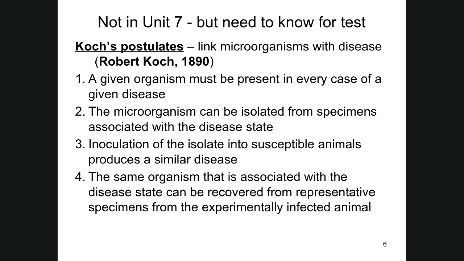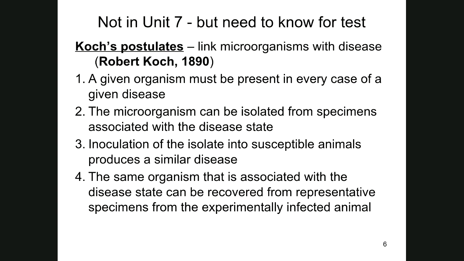And then you inoculate from that isolate into other susceptible animals, and they produce the same or similar disease signs. And then that same organism associated with the disease state can be recovered from the representative specimen of the experimentally infected animal. So learn these 4 things.